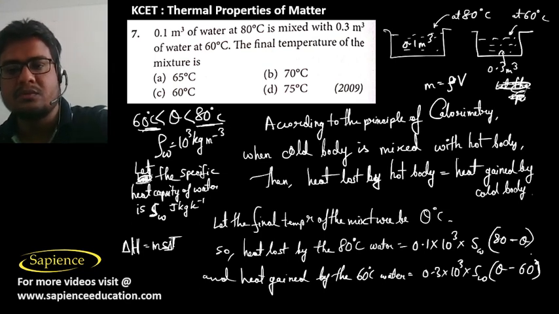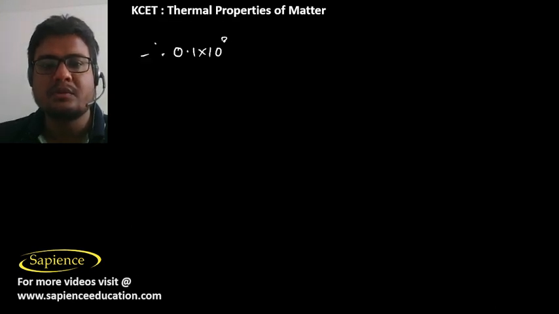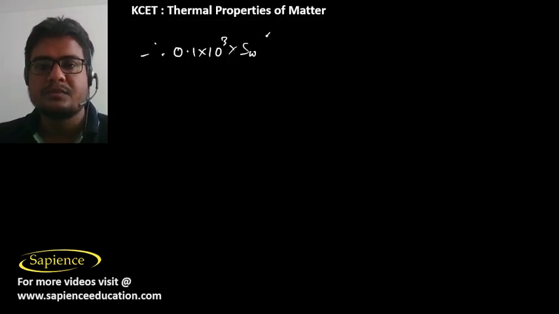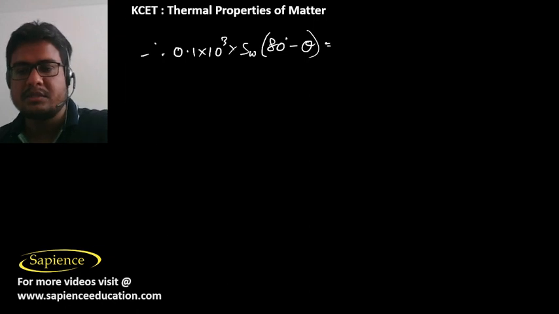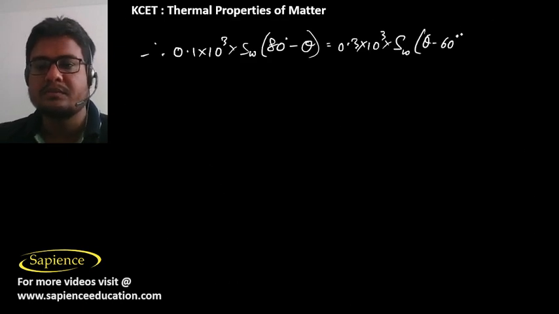So if we apply the principle of calorimetry here, we get 0.1 into 10 power 3 into SW into 80 minus theta equal to 0.3 into 10 power 3 into SW into theta minus 60 degree.